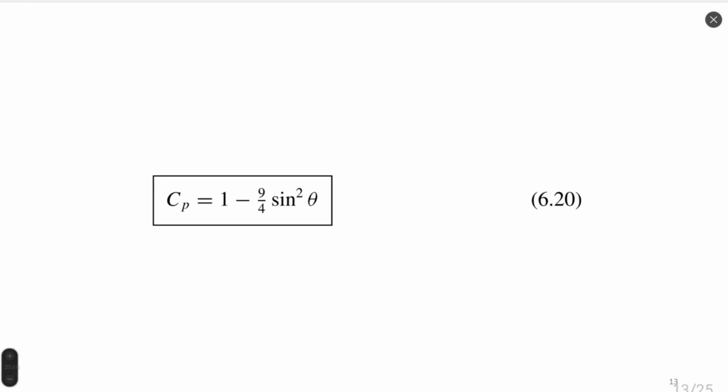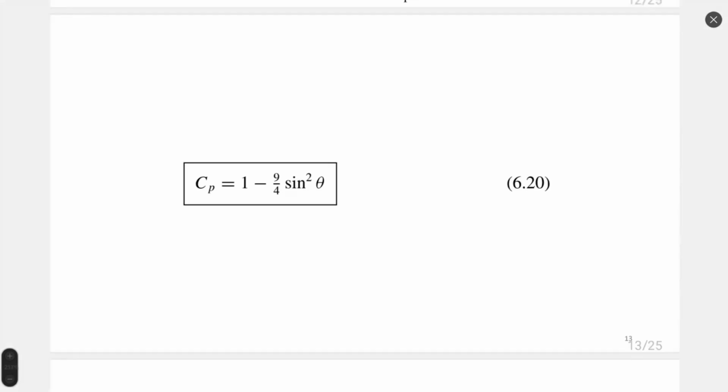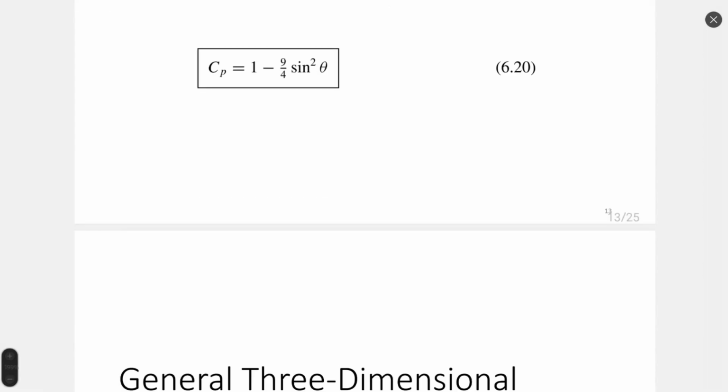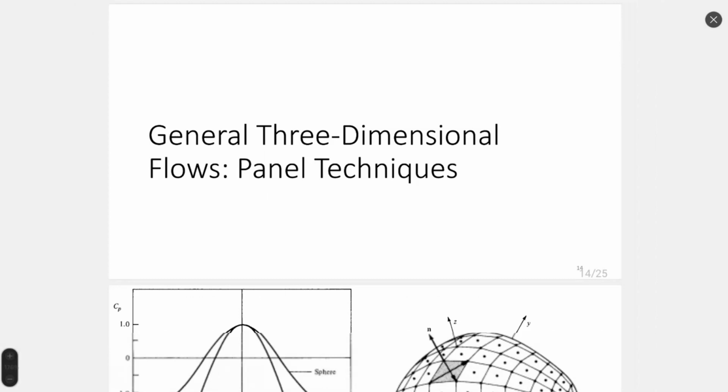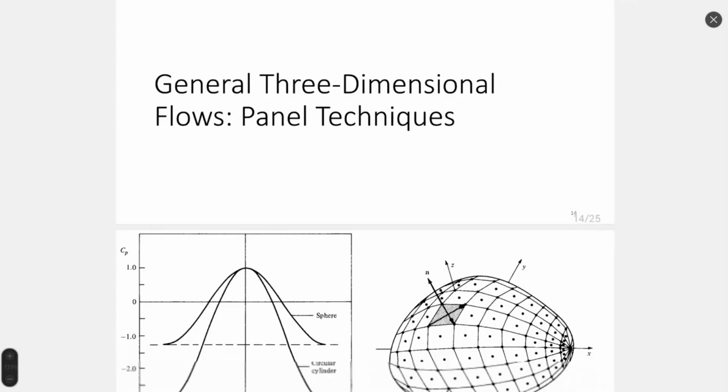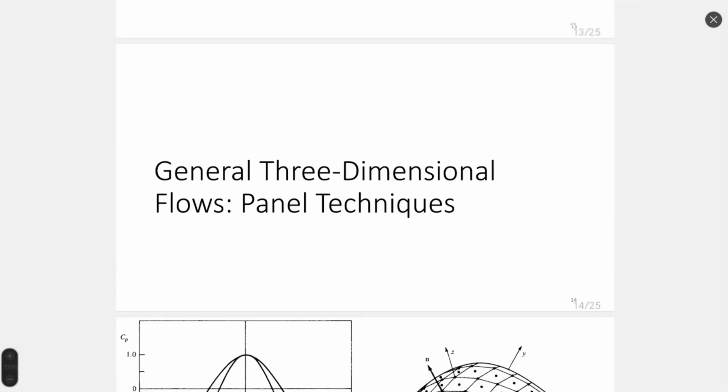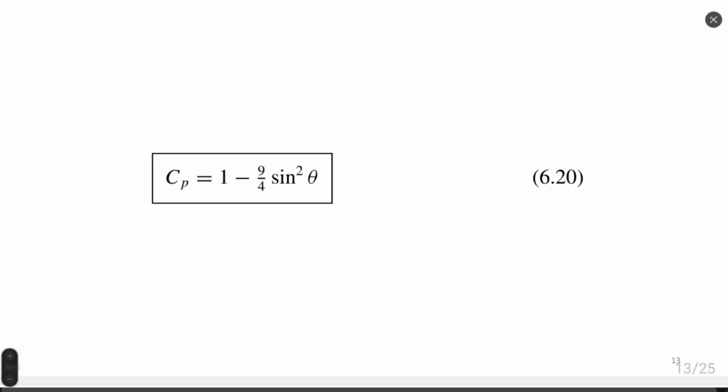We see that the pressure coefficient can at most be equal to 1 when theta is equal to 0. And also can be, I think, minus 1, or no, a bit less than minus 1.